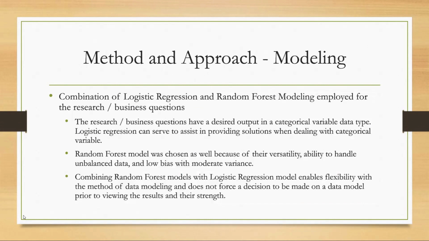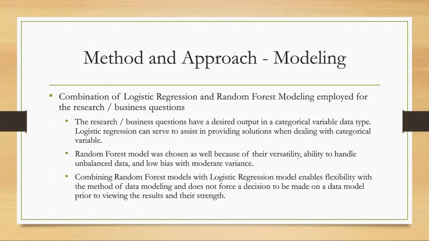Thank you. Our approach to modeling was that we wanted to use a combination of two models to answer our business questions. We chose to use logistic regression and random forest models. We chose this because logistic regression does a good job of predicting categorical variable types, which two of our business questions needed.